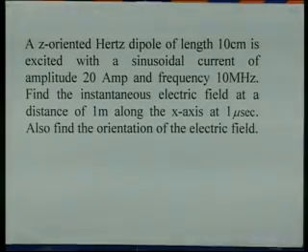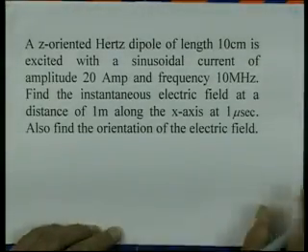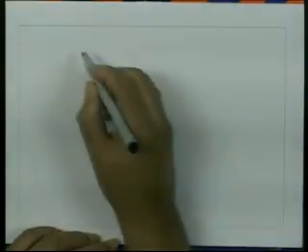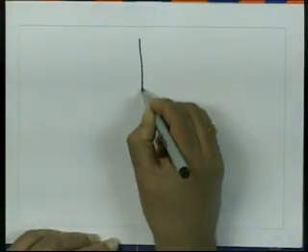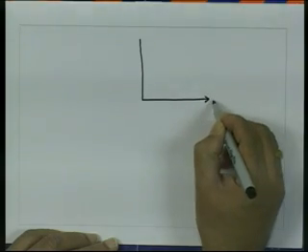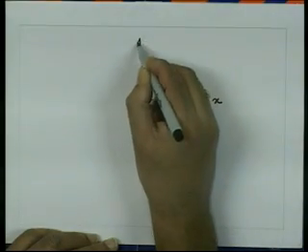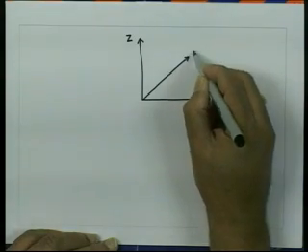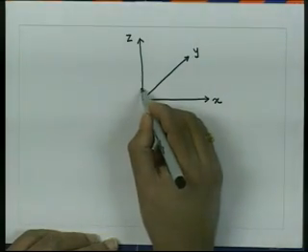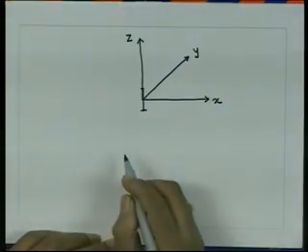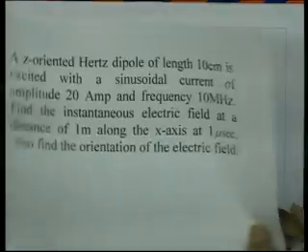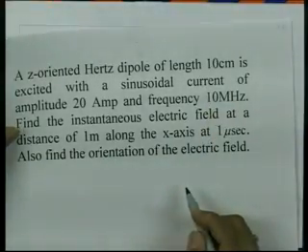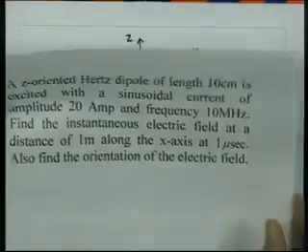So the problem which is given here is we have a Hertz dipole. So let us write down the coordinate system. Let us say this is the x direction, this is z, then the y will be oriented this way, and we have a Hertz dipole here of length 10 centimeter, that is 0.1 meters, and the peak current is 20 amperes.